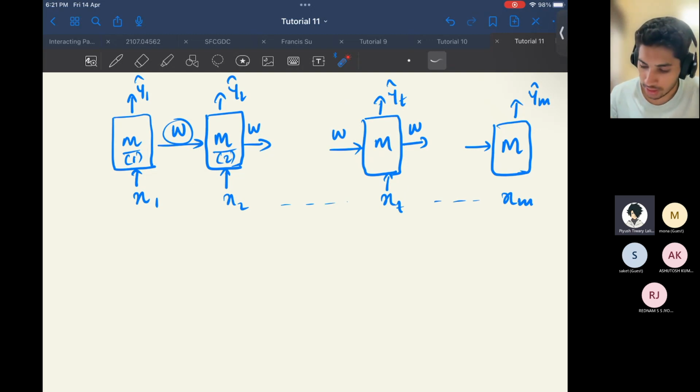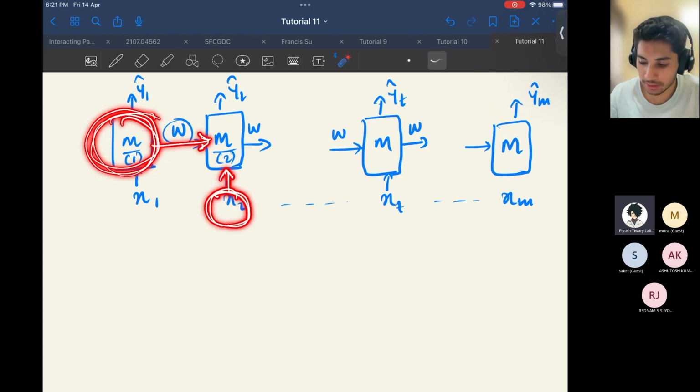What are those inputs? One input is from the previous block, and the other input is the current time step input. So these are the two inputs that are going into one model.